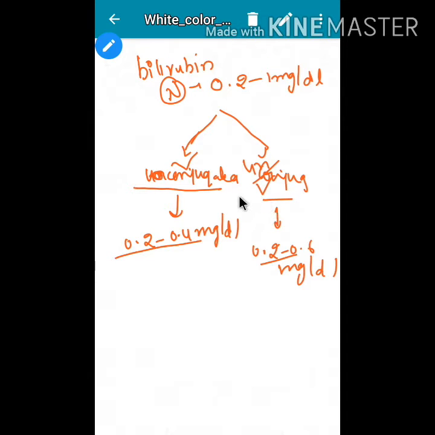There is also one more term that we have to know: icteric index. This is usually not used nowadays. What it actually means is, as all of us know, bilirubin is yellow in color. So when it is present in blood in excessive amount, it gives yellow color to serum.